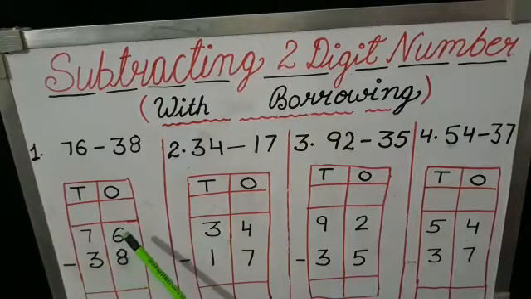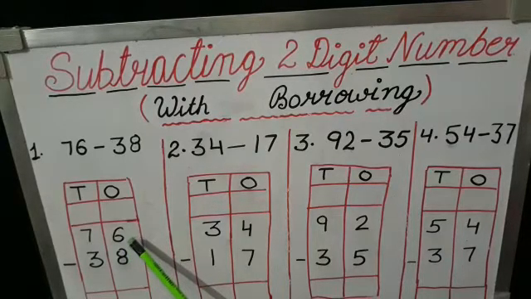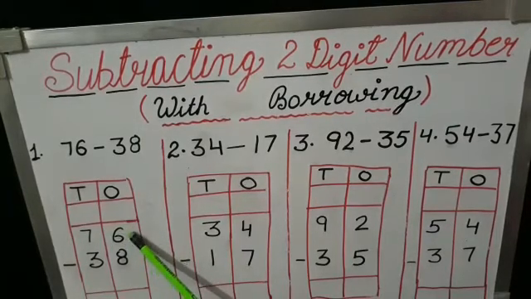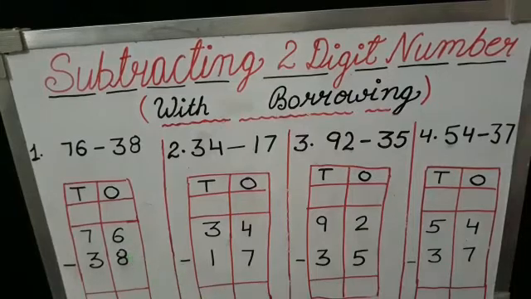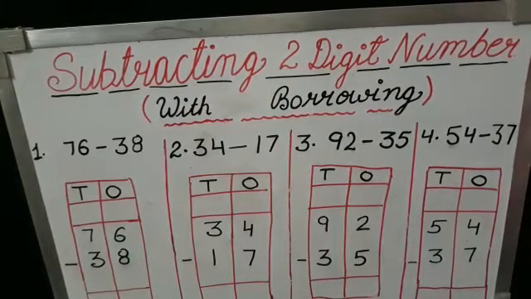As here you can see 6 and 8. Can we subtract 8 from 6? No. So we need to make it bigger than 8. And how to make it? It is very simple and we have done it.